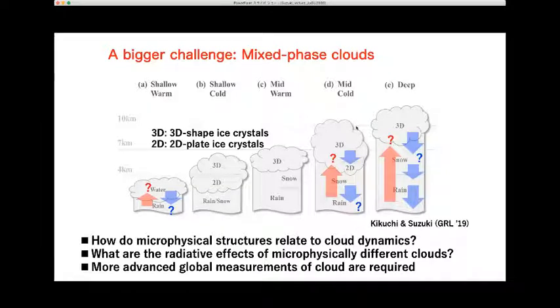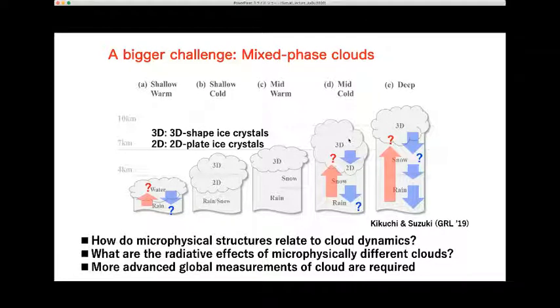But now, thanks to the satellite observation advancement, we can also start to look at more complicated clouds, like mixed phase clouds, including both liquid particles and ice particles: how these clouds are distributed on the global scale, and how they have different microscopic structures and their relationship to different cloud heights.